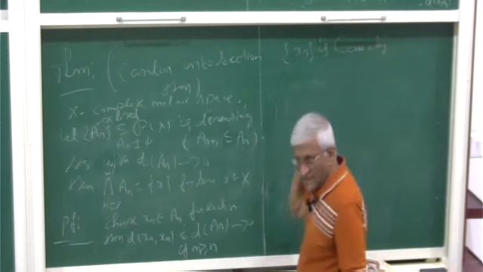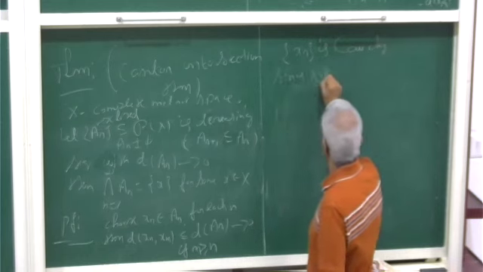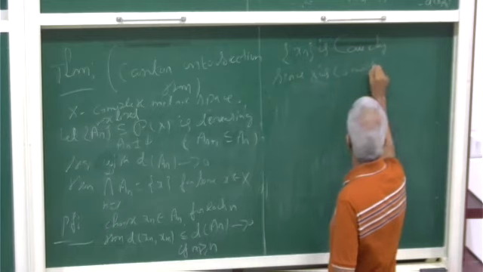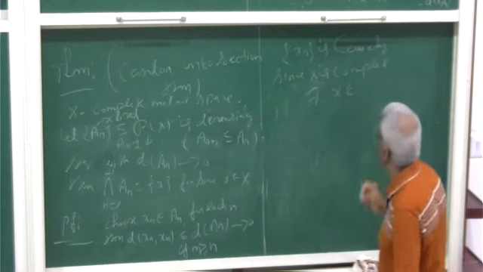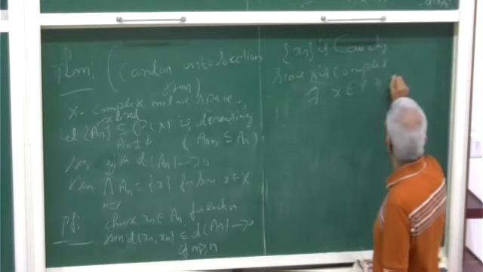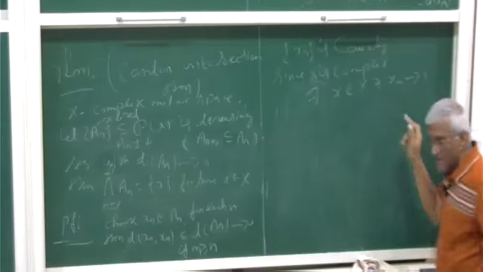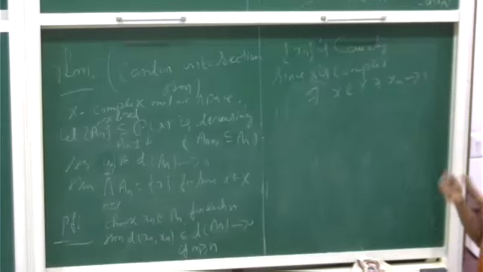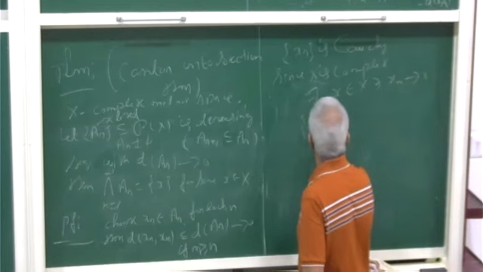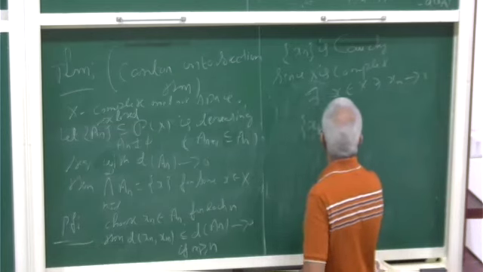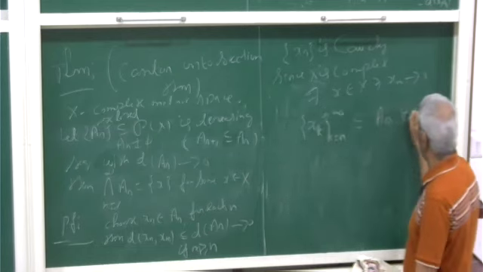Since X is complete, there exists x in X such that x_n goes to x. But then the tail sequence is in all A_n: x_k for k equal to n to infinity is contained in A_n for all n.